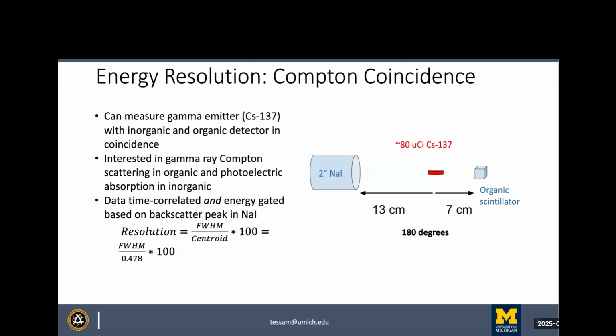We're interested in gamma rays Compton scattering from the organic and then being absorbed photoelectrically in the inorganic. We time correlate and energy gate our data based on the backscatter peak in the sodium iodide and then compute the energy resolution from there using the usual formula for the photopeak: full width half max of the peak over centroid times 100%.